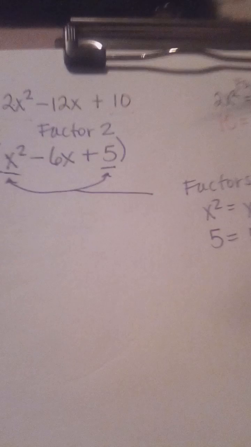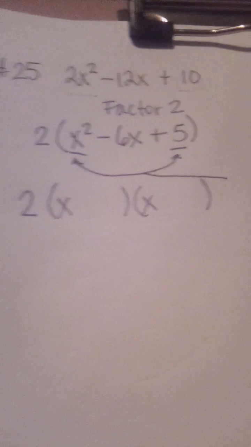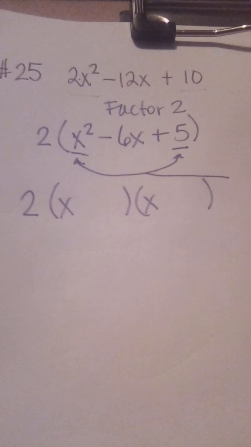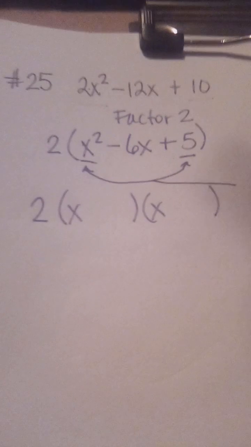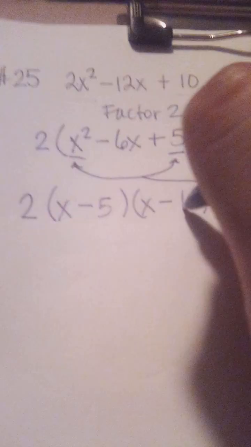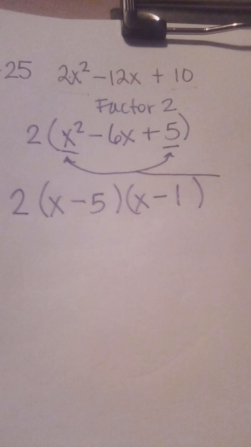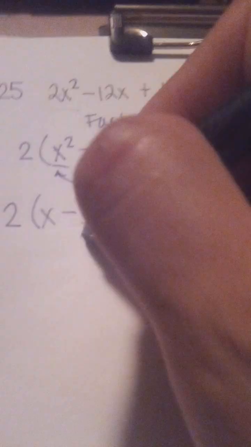Now we can do the factor. Make sure you don't forget the 2 from the outside. We have x and x, and actually both negative, 5 and 1. And that's it. That's our final answer.